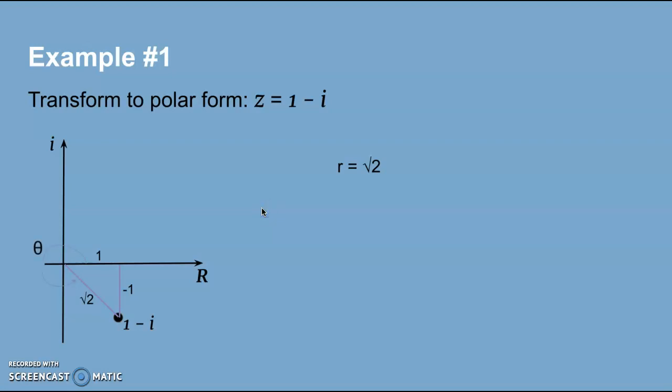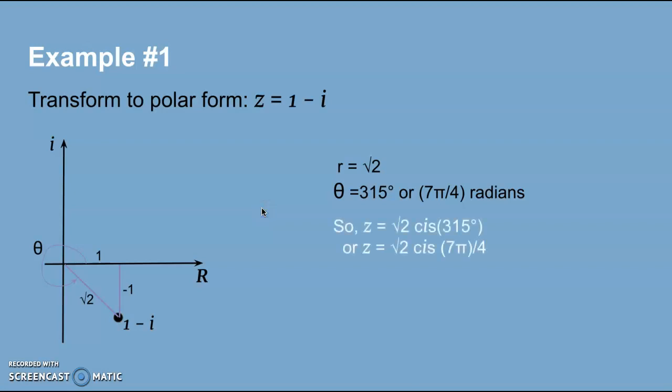The angle theta is pretty big. Inside the triangle we have a 45-degree angle. That means outside it there's 315 degrees, or if you prefer 7 pi over 4 radians. And that means this complex number is the square root of 2 cis 315 degrees, or square root of 2 cis 7 pi over 4 radians.